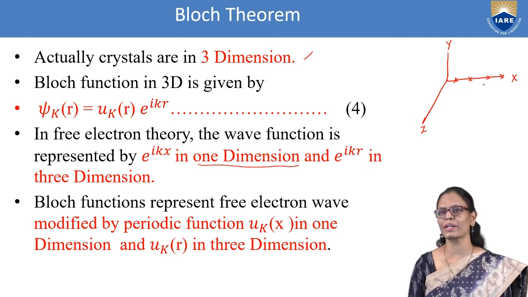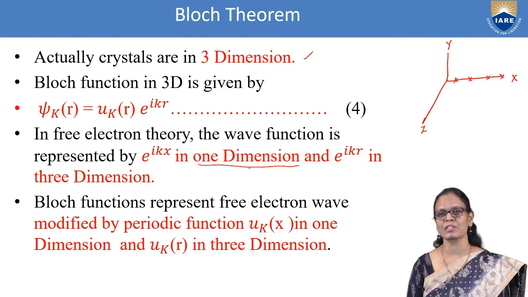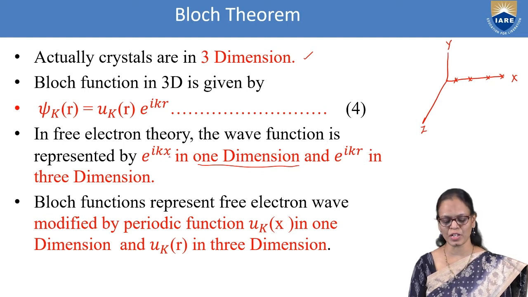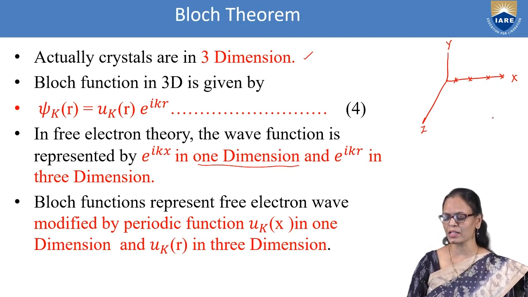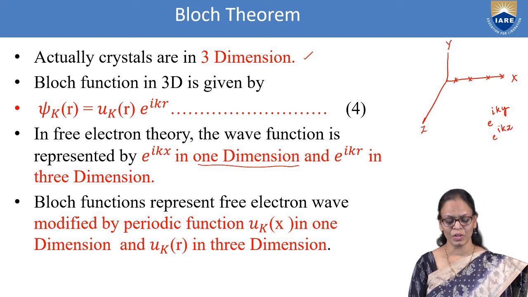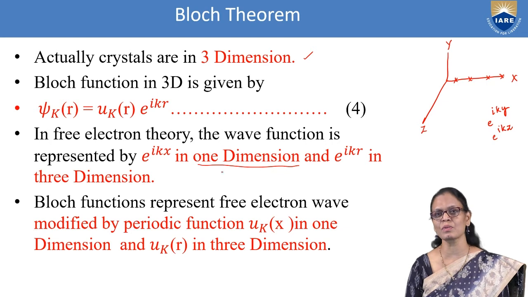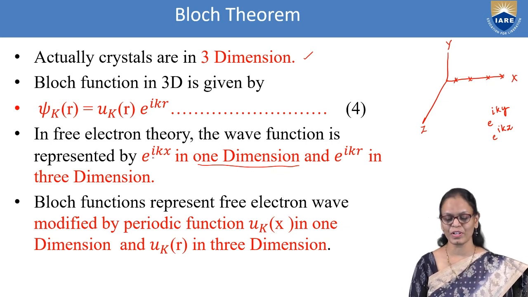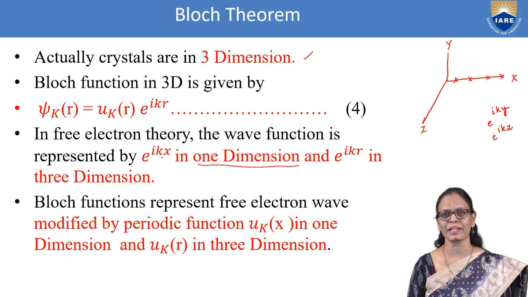So I will represent the wave function in terms of x and not r. In the y direction I may use e power iky, and along z, e power ikz. We are limiting ourselves to 1 dimension, so we write it as e power ikx.